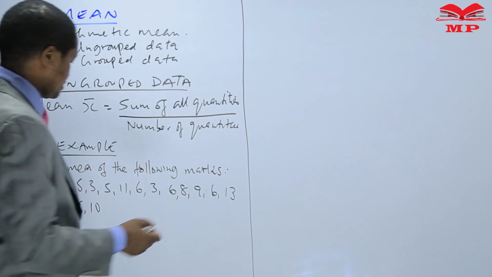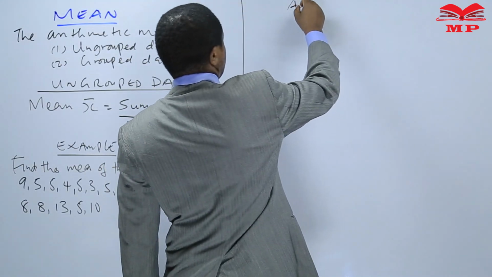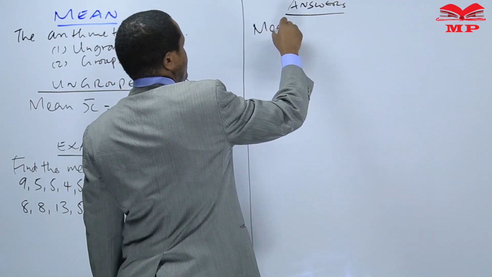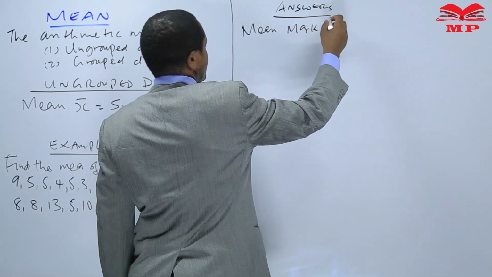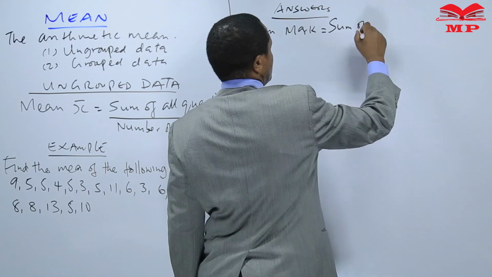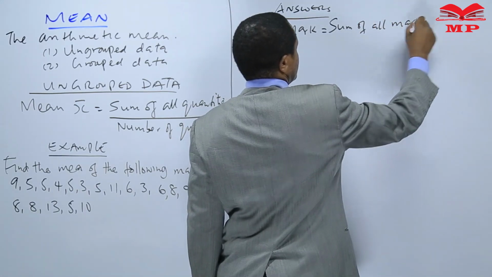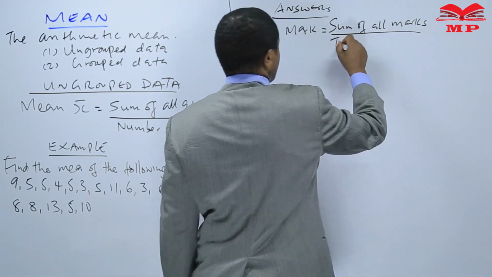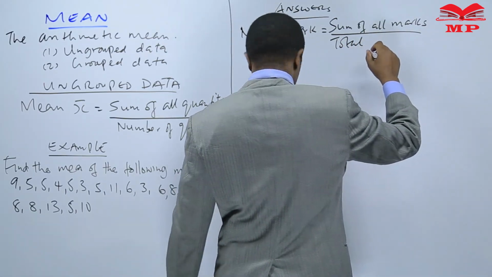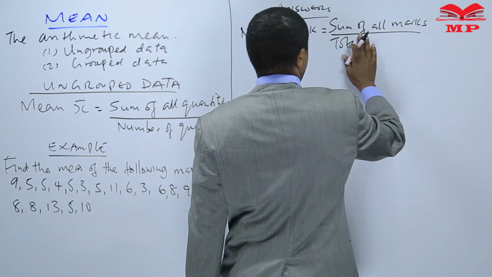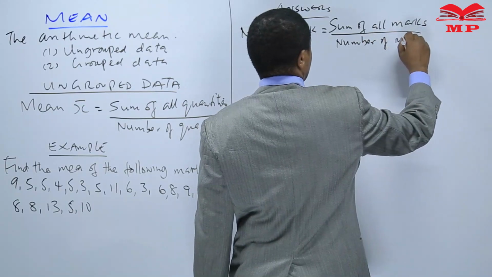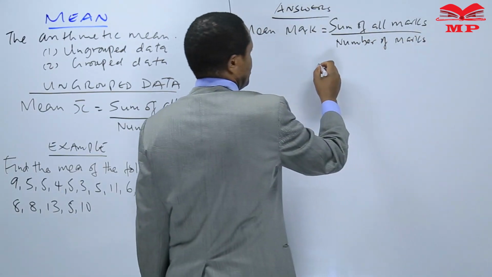So learners, let's have the answer here. These are marks, so the mean mark will be equal to the sum of all the marks divided by the number of marks.